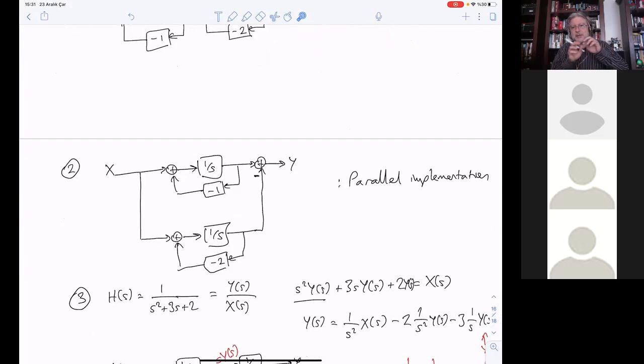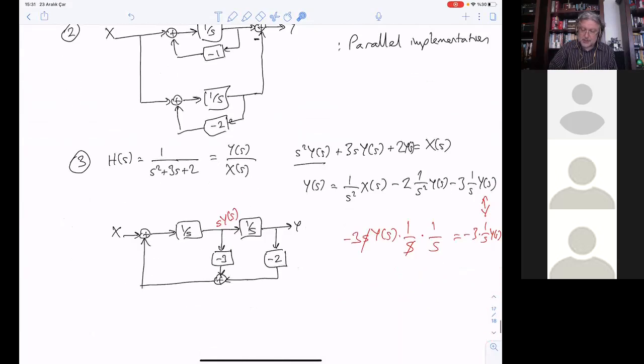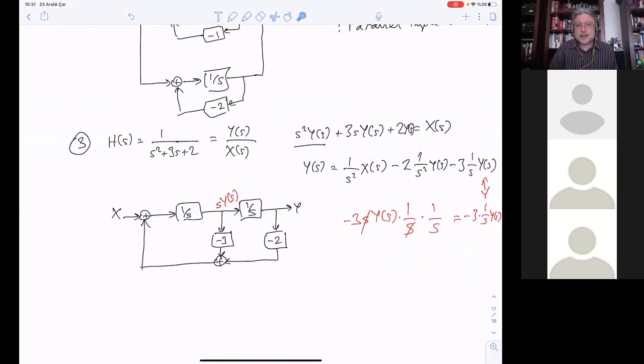So we split into parallel first order forms and then combine them. Realization number 2. And the third realization is the direct way of realizing these things. Okay. Now, that essentially concludes the discussion about the normal Laplace transform according to our book.